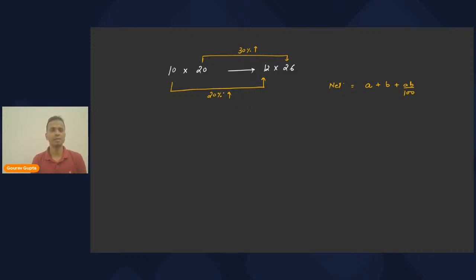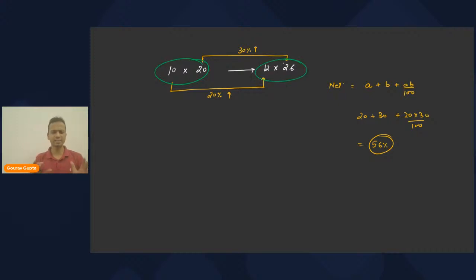So I'll substitute these values. If you have studied the basics of percentages, you should be familiar with this formula. Okay, so just substitute the values of A and B. So 20 plus 30 plus 20 into 30 upon 100, that means 56%. So 56% will be the net percentage change from this value to this value.